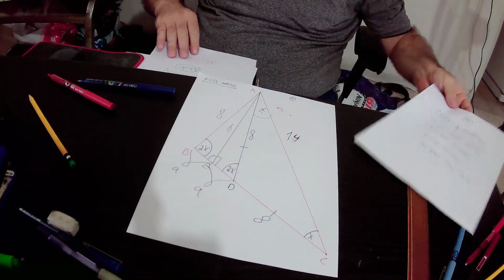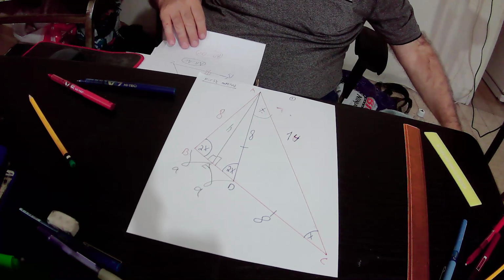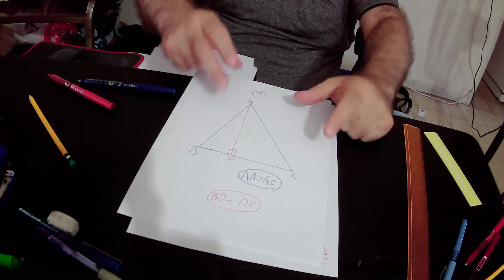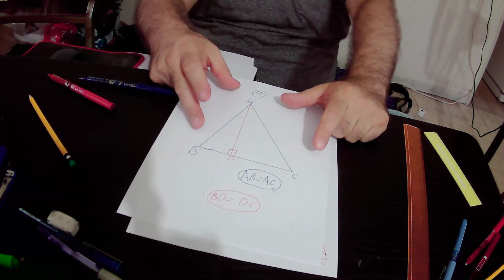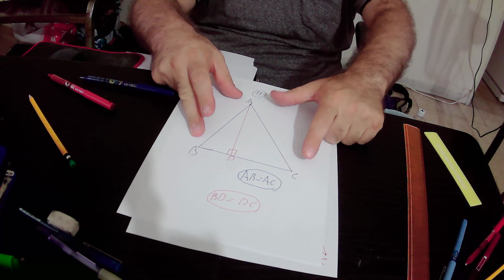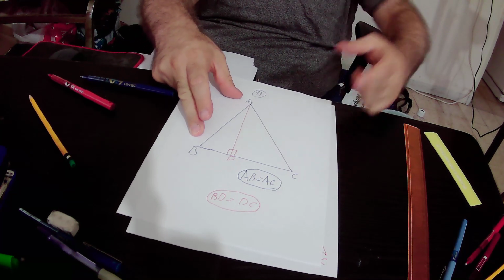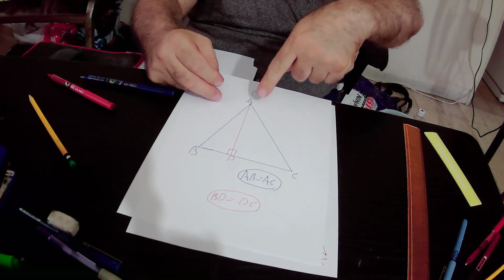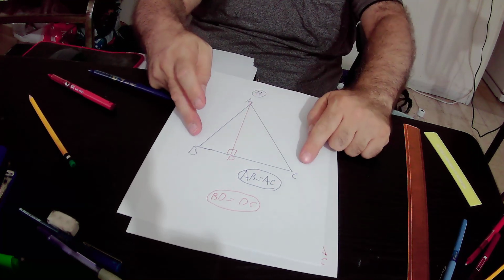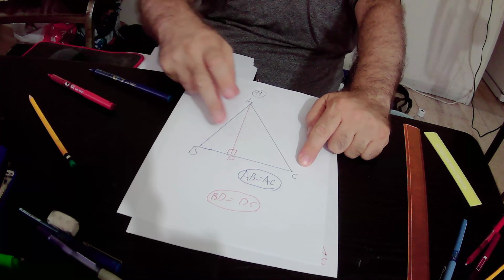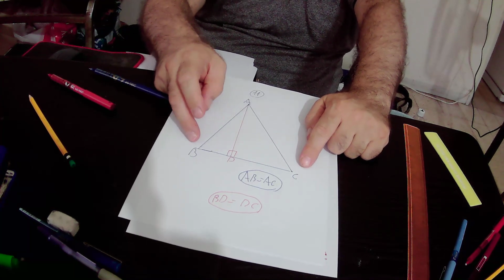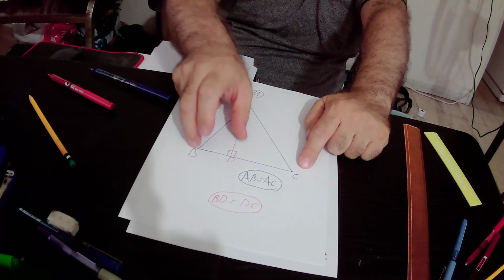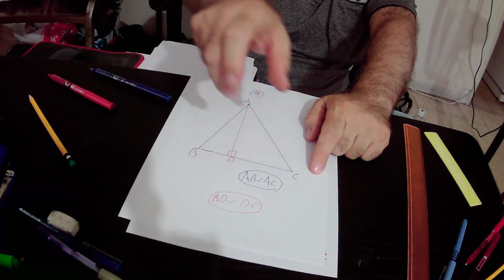If triangle ABC is an isosceles triangle, that is to say AB equals AC, then according to rule number 3, the perpendicular that we draw to the base of the triangle, that is BC, will divide the base BC into two equal parts, that is to say BD will be equal to DC.